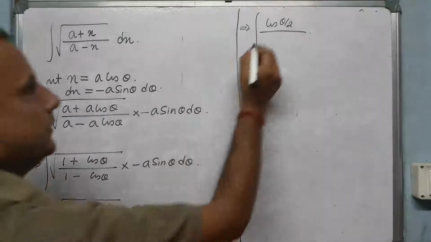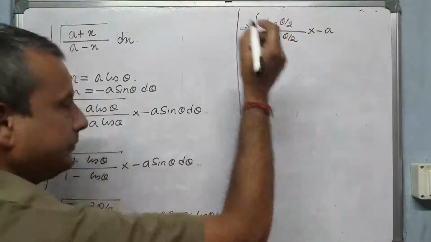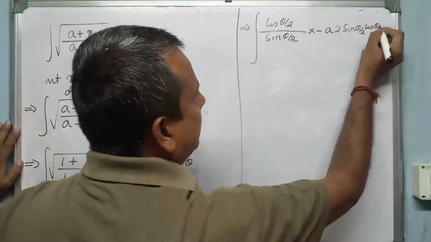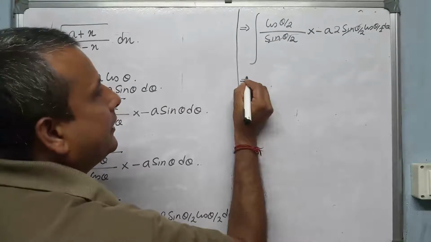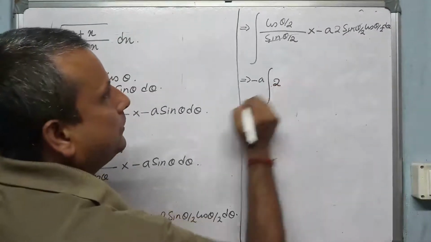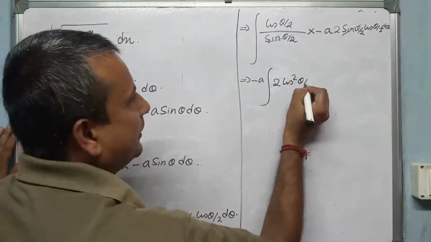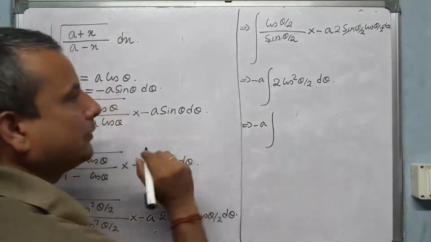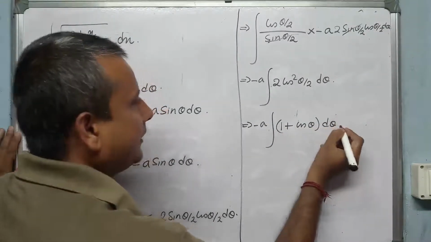Under root, sin square theta by 2 is sin theta by 2, into minus a 2 sin theta by 2 cos theta by 2 d theta, so that sin theta by 2 gets cancelled. Now I'll write minus a outside the integral. What remains over here? 2 cos theta by 2 into cos theta by 2 is cos square theta by 2 d theta. Now it is minus a, and 2 cos square theta by 2 is 1 plus cos theta d theta. Now the integration.